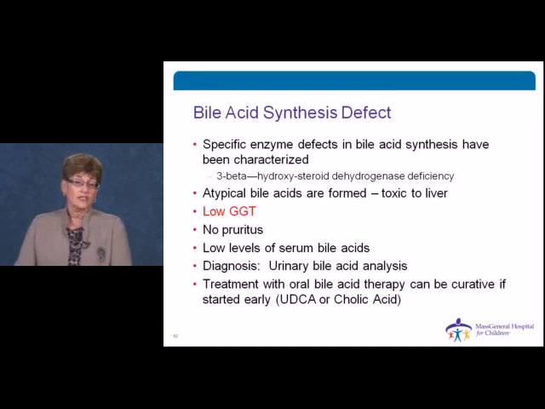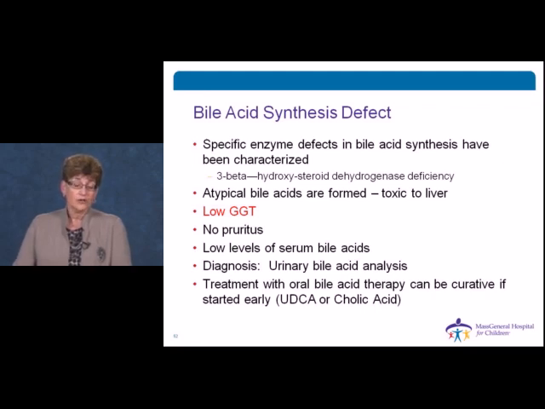The diagnosis is made by fast atom bombardment of the urine for analysis of bile acids. And they're eminently treatable, generally with oral bile acid therapy if started early, so before too much damage can occur from the atypical bile acids.